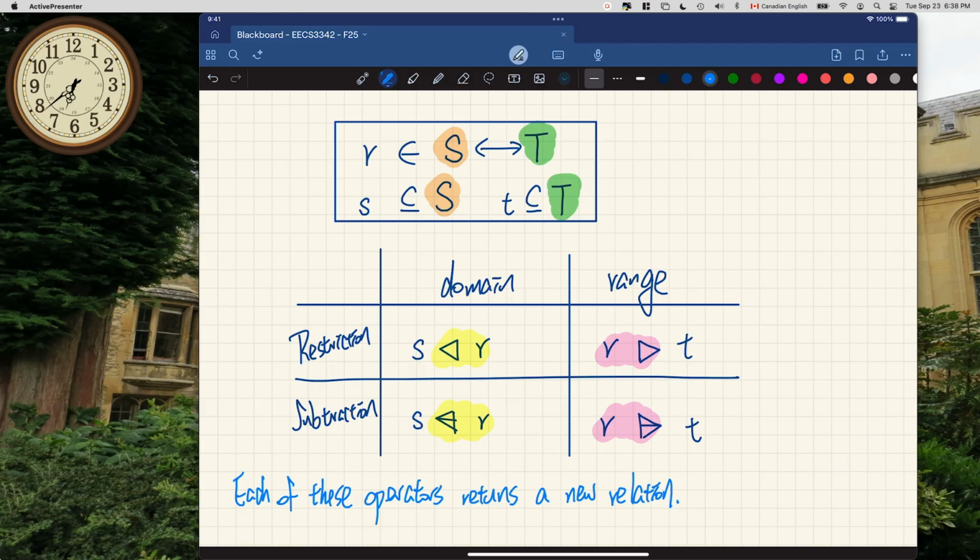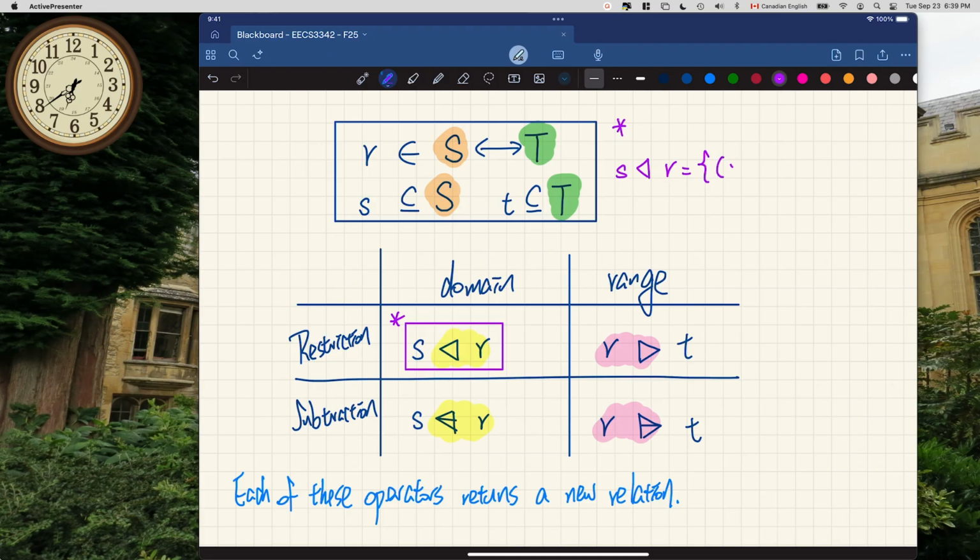Okay, let's just take one of them as an example. Let's say I take this one here, domain restriction. I'm just going to put down its definition here, and we'll see. By definition, if I say R domain restricted to little s, the set S, then it's going to be a new relation.